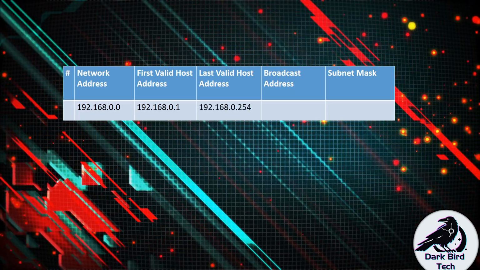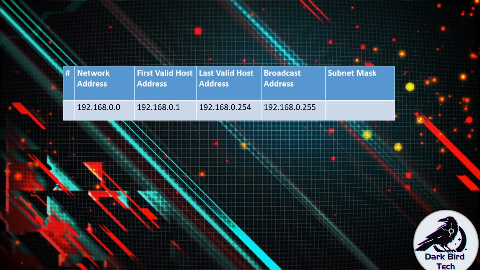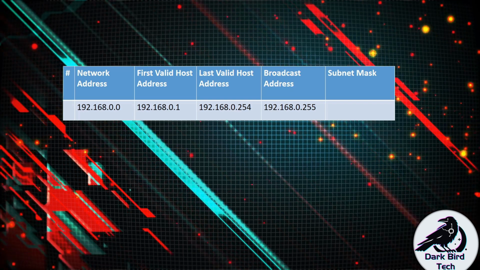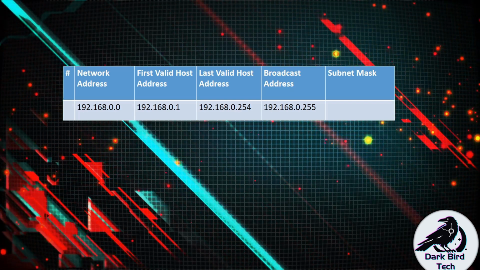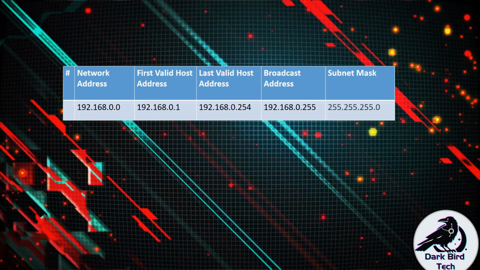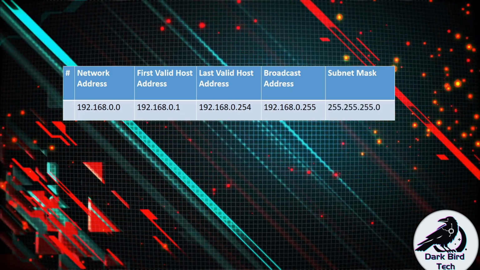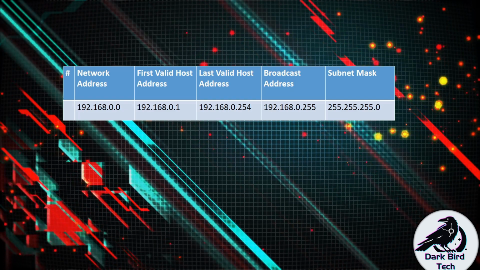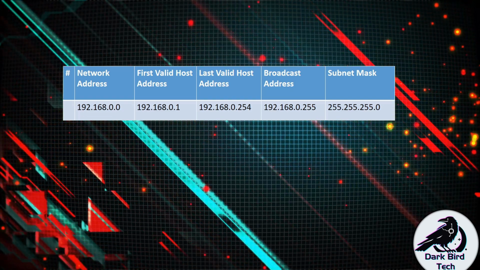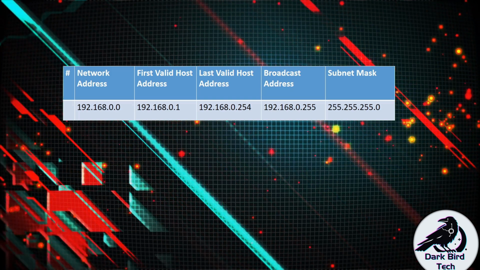Its broadcast address is 192.168.0.255. Remember, it's the network address and the broadcast address that is the reason why we had that -2 in the formula for the number of hosts per subnet. And originally the subnet mask was 255.255.255.0. Well, we've taken that one network and we've turned it into 8 networks. So we're going to need a bigger table.